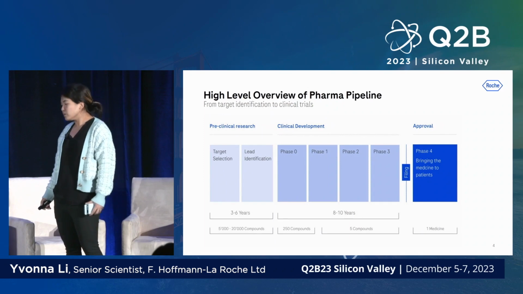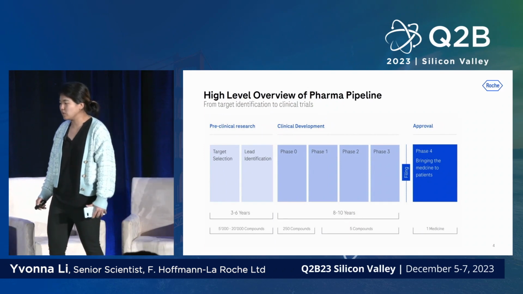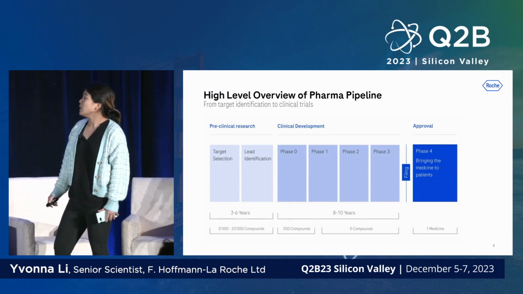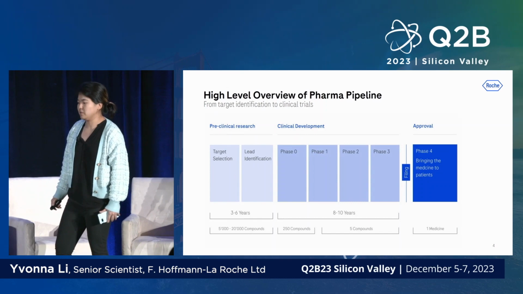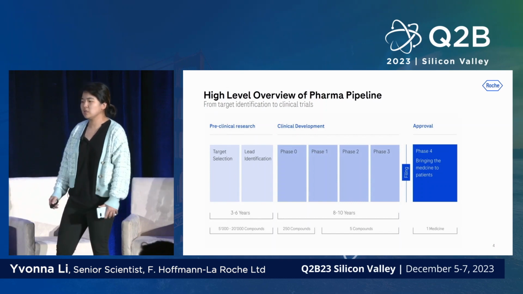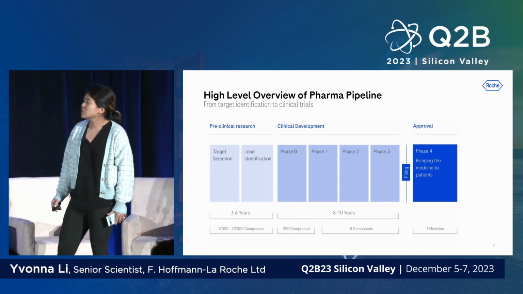So with this specific example, we've identified, for example, the cannabinoid receptor, and that has shown to be very effective in modulating headache. And so once we have a working hypothesis with the right target, we need to move on to lead identification.